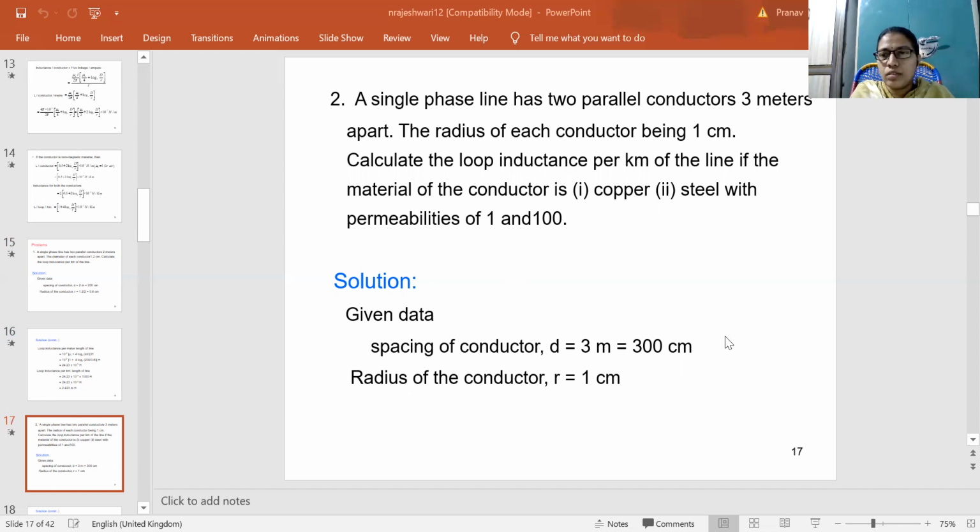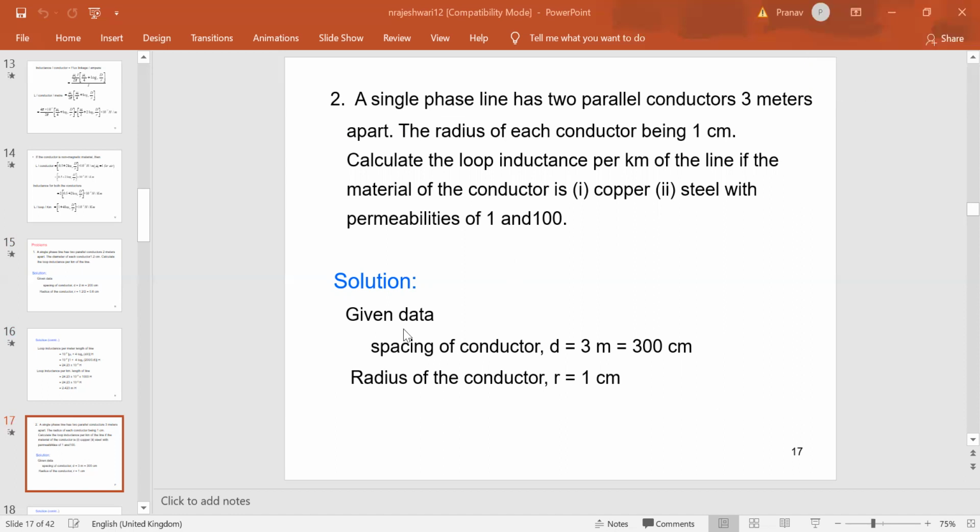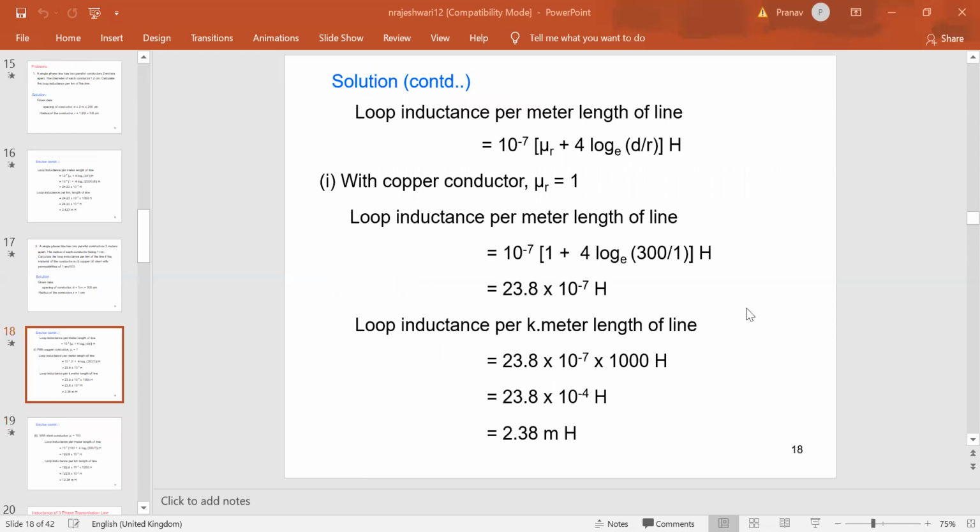So for this also we have to take the given data. Spacing of conductor D is equal to 3 meters, which is equal to 300 centimeters, and radius of the conductor small r is equal to 1 centimeter. So loop inductance per meter length of the line is equal to 10 to the power of minus 7 into mu r plus 4 log D by r henries.